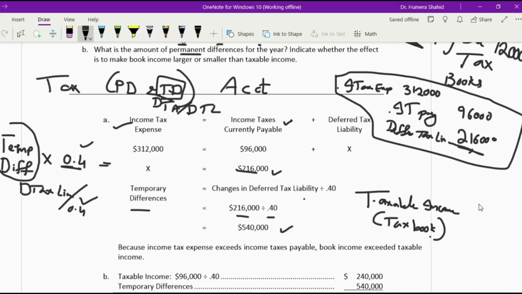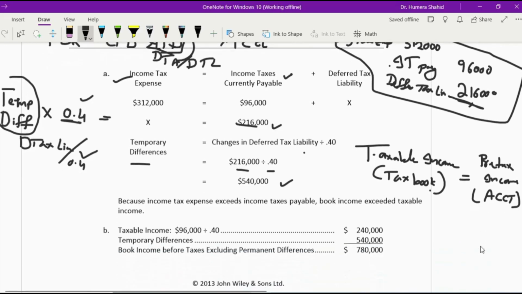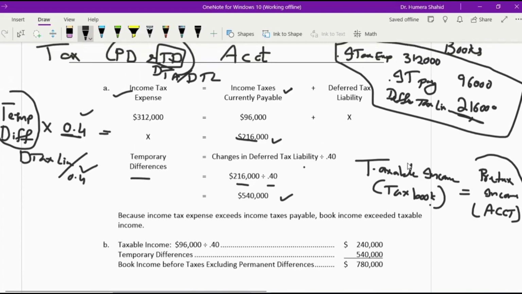And I have pre-tax income in accounting books. They should be the same. They will not be the same when I have the permanent difference and the temporary difference. Since I get my pre-tax income already from the question, I can compare now, right?